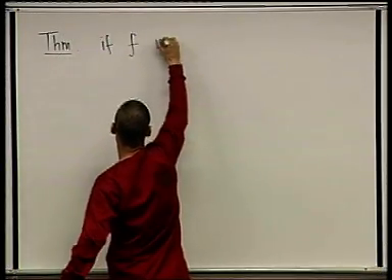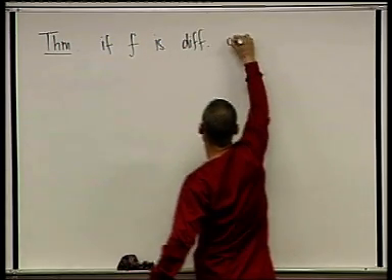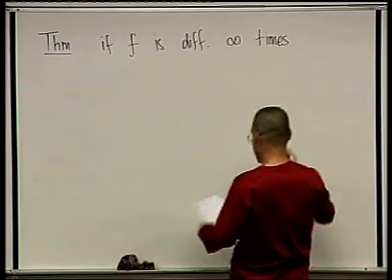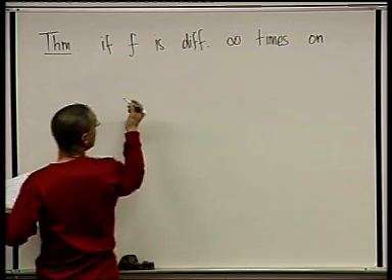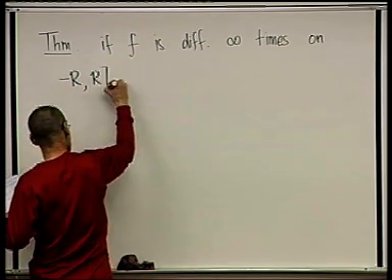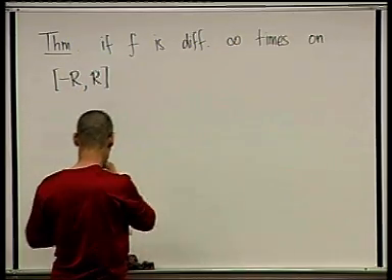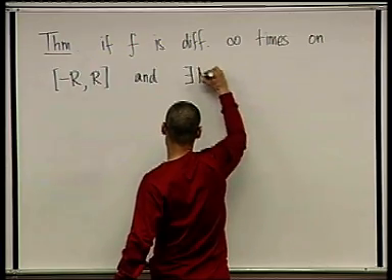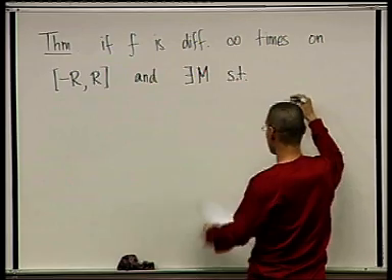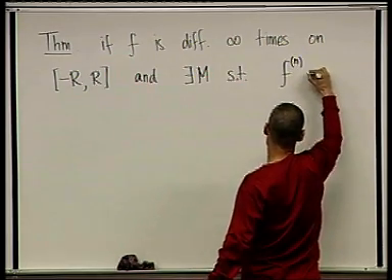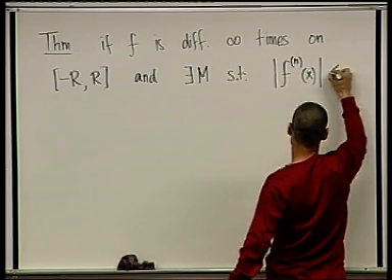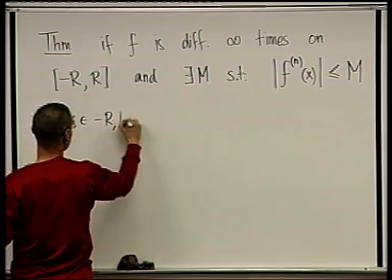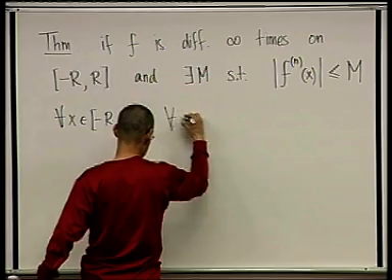If f is differentiable infinitely many times, so that was a necessary condition, I have to still include it, on some interval, and you need it to be a closed interval in this theorem, and there exists some m such that the nth derivative of f at x in absolute value is less than or equal to m for all x's in this interval and for all n's.